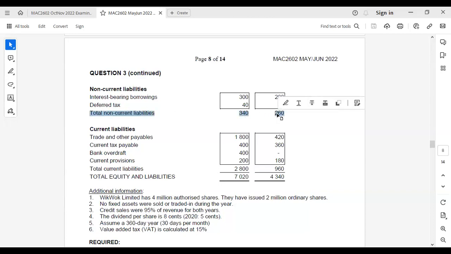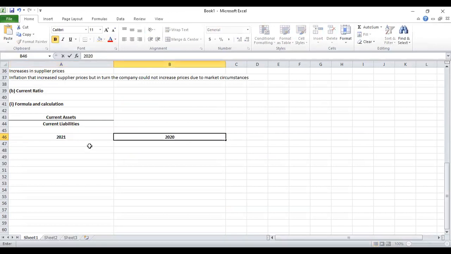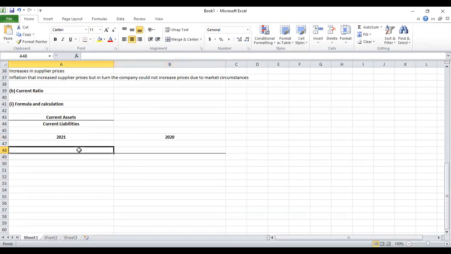Right. So we can say 2021, then 2020. In 2021, our current assets are 3180. In 2020, they are 2440.